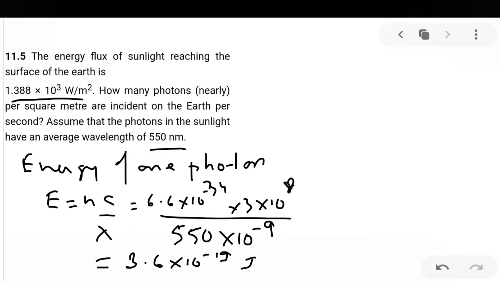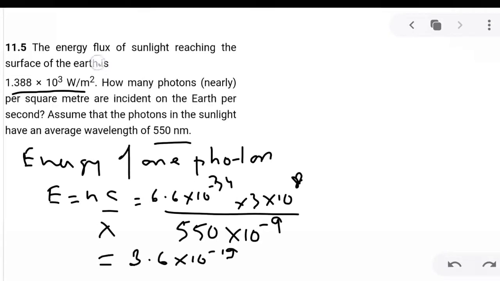Now it is asked how many photons per square meter are incident. The energy flux is already given. From the unit itself, you can directly say that if you divide the energy flux by the energy of one photon, you will get the total number of photons incident per square meter, isn't it?